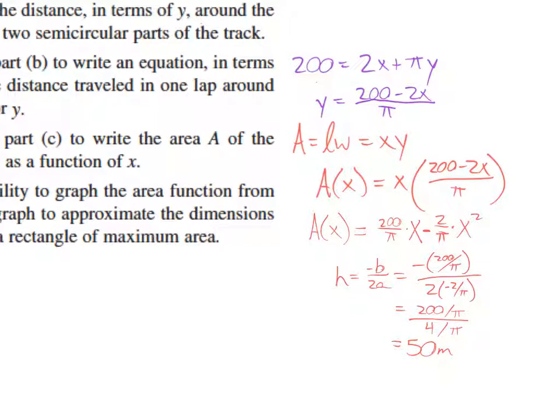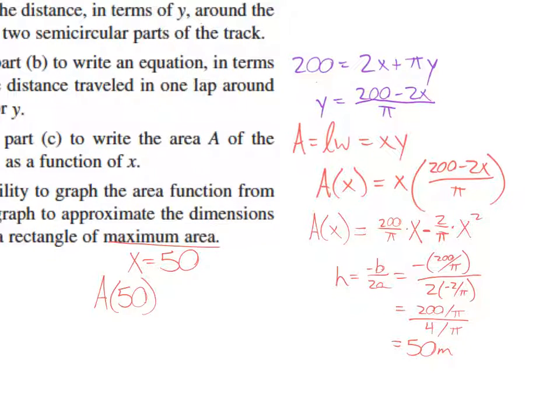So 50 meters is going to be the length of our side. That's your x. So to get the maximum area, we want x to be 50. And that maximum area is going to be A of 50.